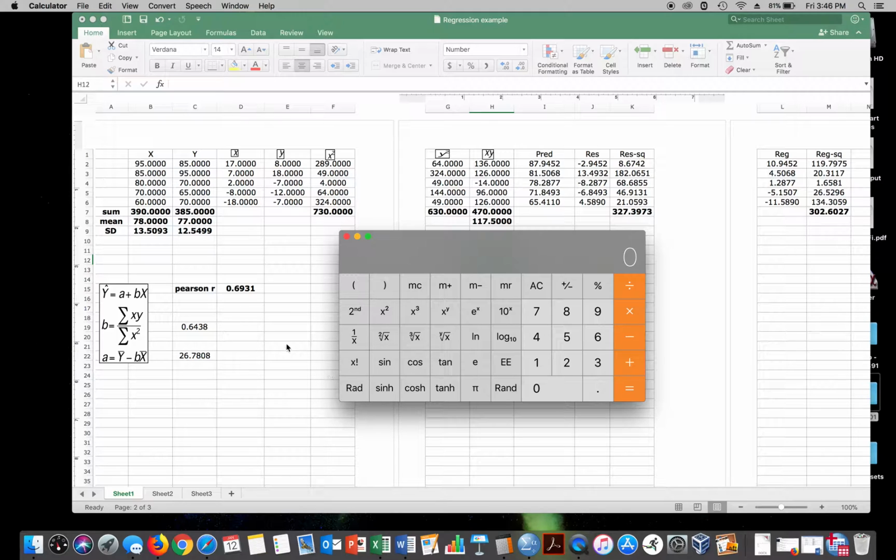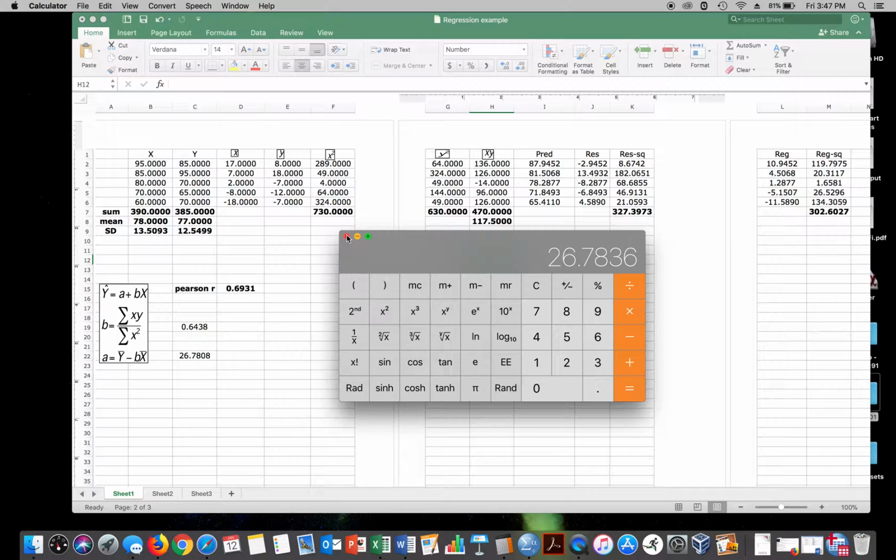So if I take the beta weight of 0.6438 and I multiply that by the mean of x, 78, and that is then subtracted from the mean of y, I get 26.78. So just a little bit of rounding error there, but looks really nice, doesn't it? So everything's kind of coming out correctly.